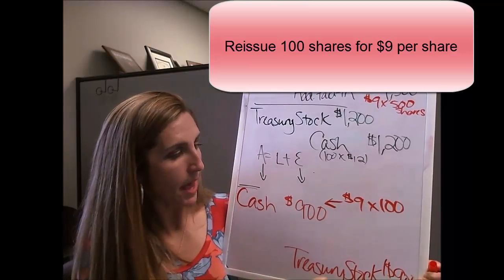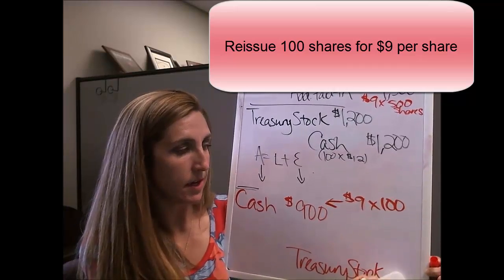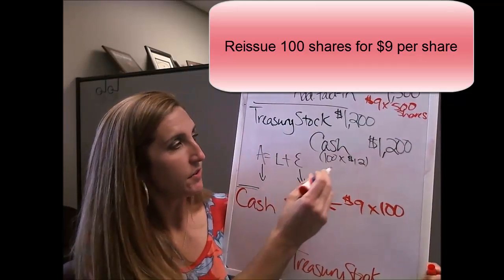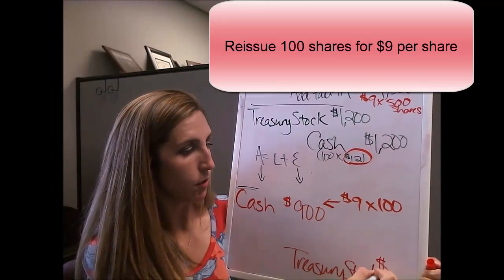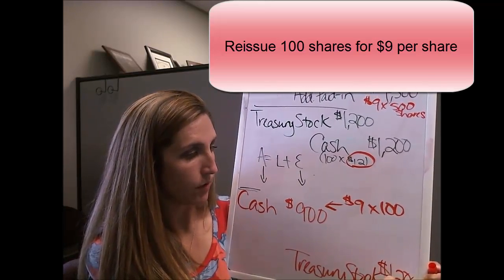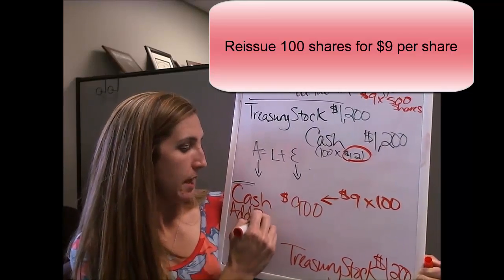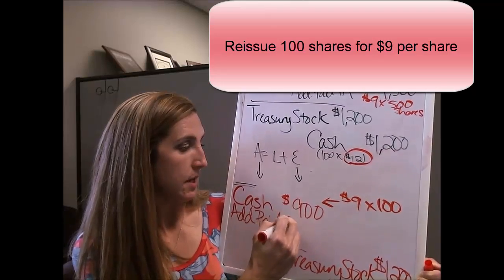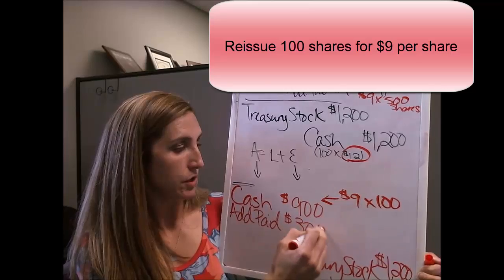But what has to come out of the Treasury Stock account is not the $9 per share. It's going to have to be the original value, the $12 per share. So you're going to credit your Treasury Stock for $1,200, and you're going to debit your additional paid-in capital for the difference, the loss there, which was $3 a share on 100 shares.